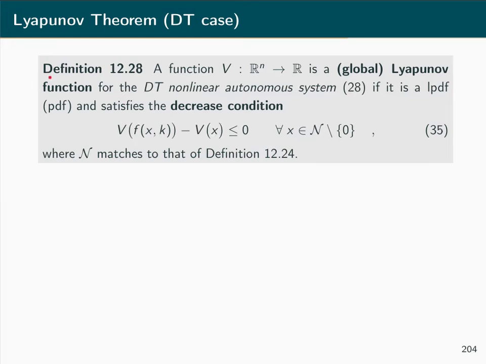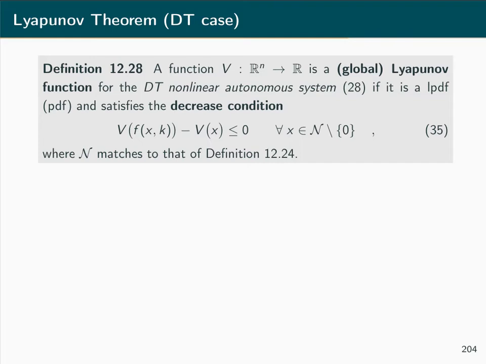Analogously, we have in 12.28 the definition of a Lyapunov function for a discrete time nonlinear autonomous system, and that's a function V that maps from the state space into the real numbers, which is a locally positive definite function and satisfies the discrete time decrease condition that V of f of x and k minus V of x has to be non-positive for all x in the neighborhood N except the origin, where N is the neighborhood that was mentioned in definition 12.24 of a locally positive definite function.